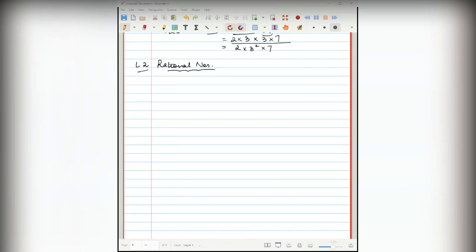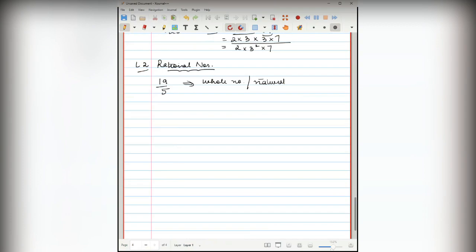Okay. So just from the recap of the first lecture, we saw that when we divide 19 by 5, we don't get a whole number or whatever natural number or integer. We get something else.